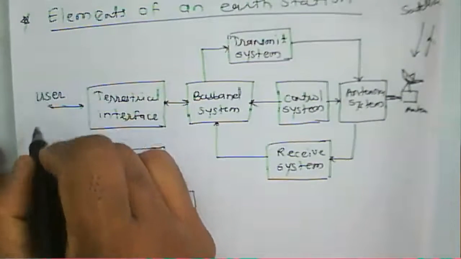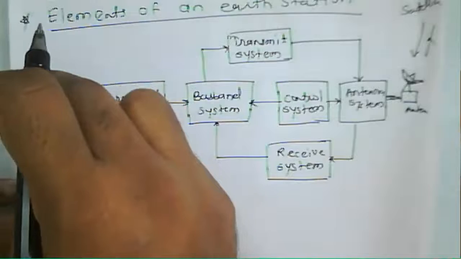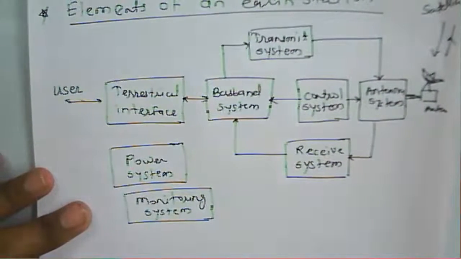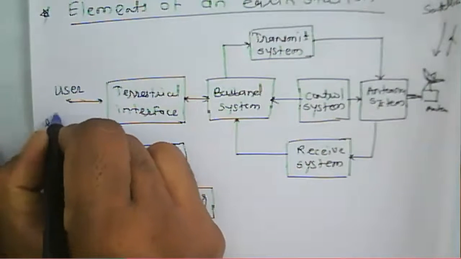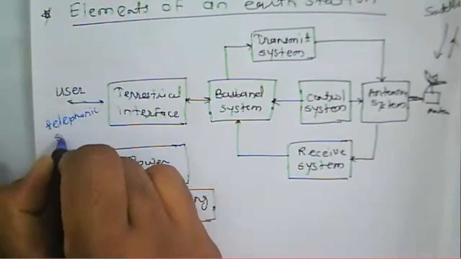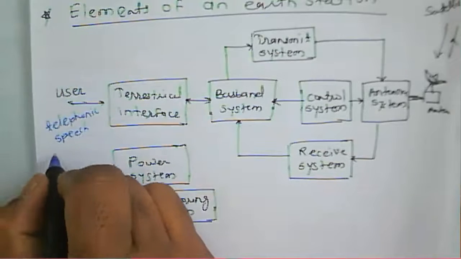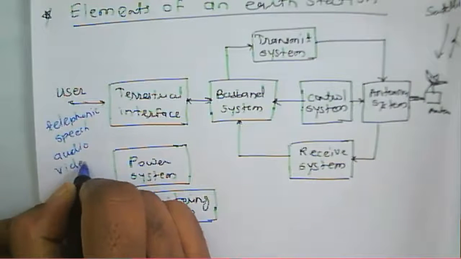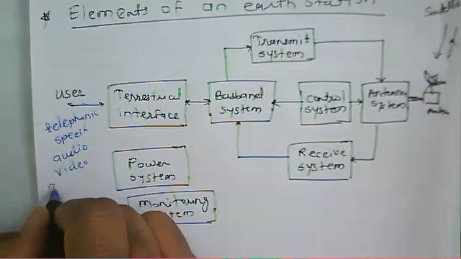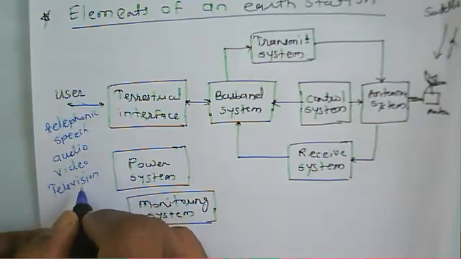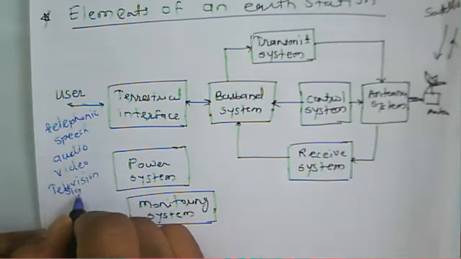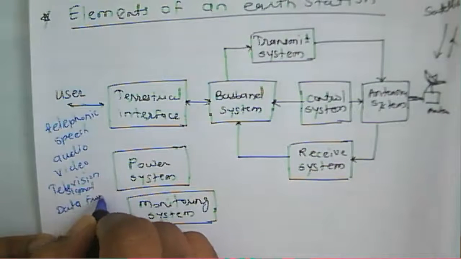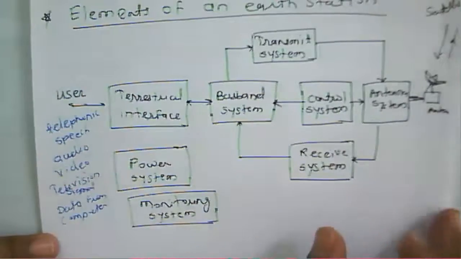So we can say that these multiple users, or multiple signals, or different sources of a signal, can be either telephonic speech, or audio, or video, or a television signal, or data from a computer.